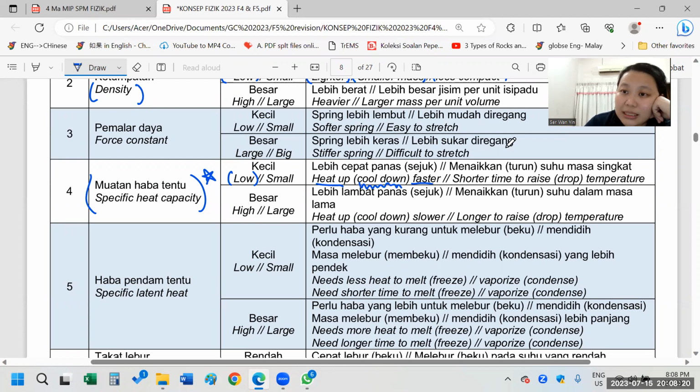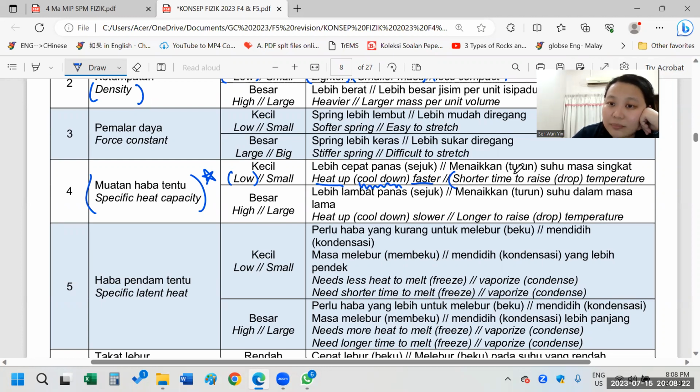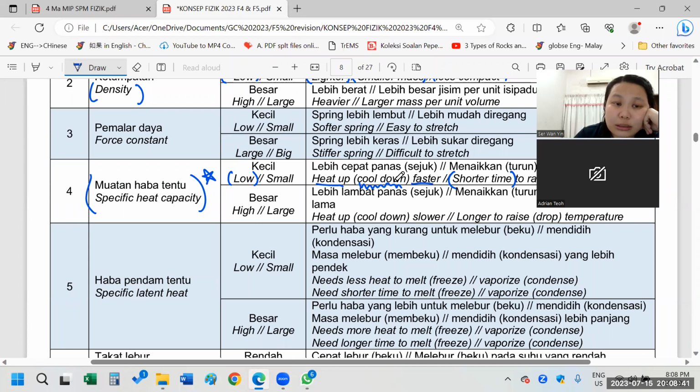Okay, so you must mention the time. Small specific heat capacity means shorter time, raise temperature more. So you must mention time, specific heat capacity.